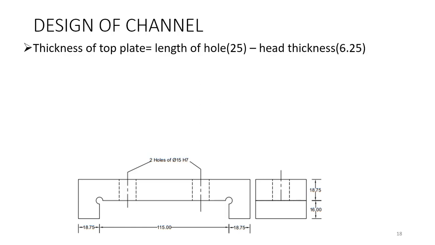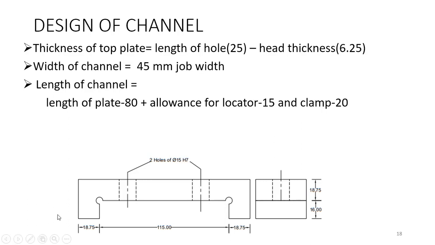So thickness of top plate will be 18.75 mm. Then we will find width of channel. It will be equal to width of plate. So width of plate is 45 mm. So width of channel plate will be 45 mm.